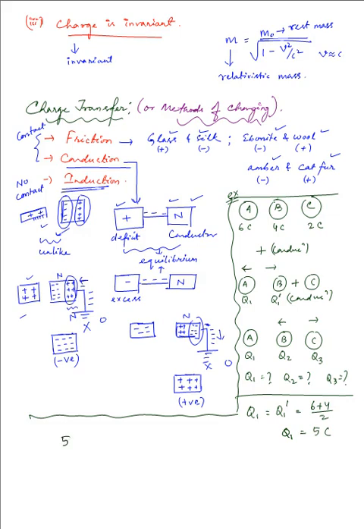So 5 coulomb plus 2 coulomb, which is that carried by C, divided by 2 is what we have as the final value of q2 as well as q3, because q2 will be equal to q3 because they were the last pair to conduct charges and be in equilibrium. So this is now equal to 3.5 because that's 7 over 2. So this is 3.5 coulomb of charge.